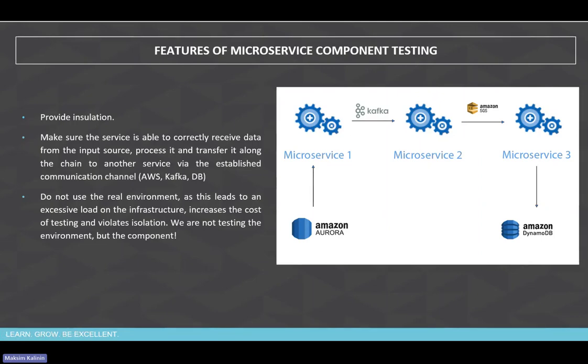And finally, we have not to use the real environment, as this leads to an excessive load on the infrastructure, increases the cost of testing, and violates isolation. Actually, we are not testing the environment, but the component in this case.